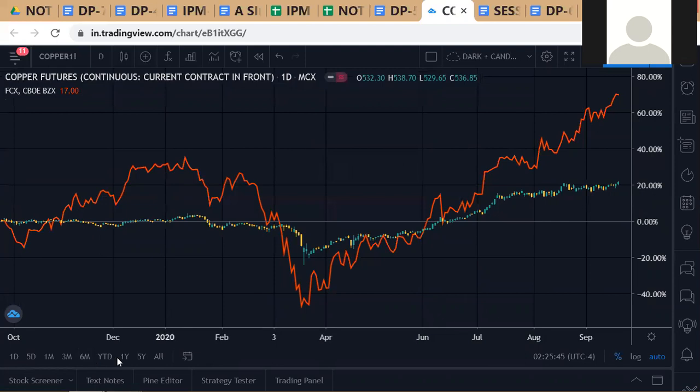Now you see that there is a fair amount of similarity. Now this cannot really be quantified in a way that you can rely on it, but at least from the point of view of learning your theory, this is, now we're talking about fundamental analysis, okay, because this is a company that's a copper producer.